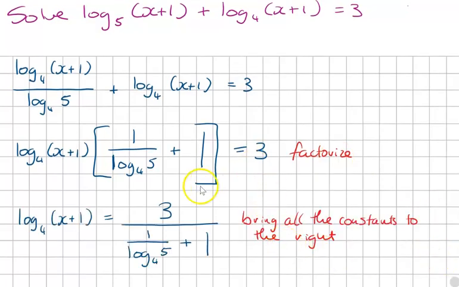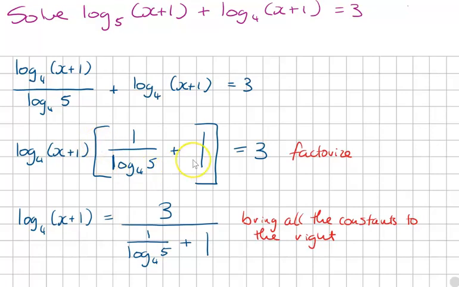So then ultimately we're trying to get the x on its own, and we're trying to get any terms that don't contain an x, so any constants, over to the right hand side or the left hand side, and you could do it vice versa. Since these are being multiplied together, because remember this is a factor, to get this on its own, and this is the log that contains the x, so that's what we want on its own, we're going to divide by whatever is stuck onto it.